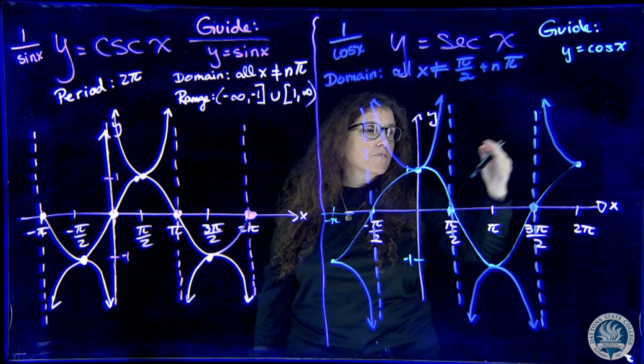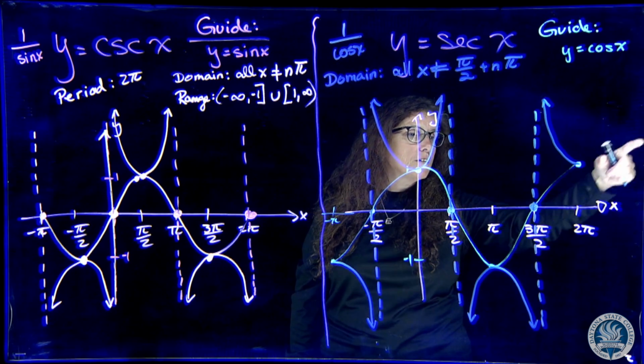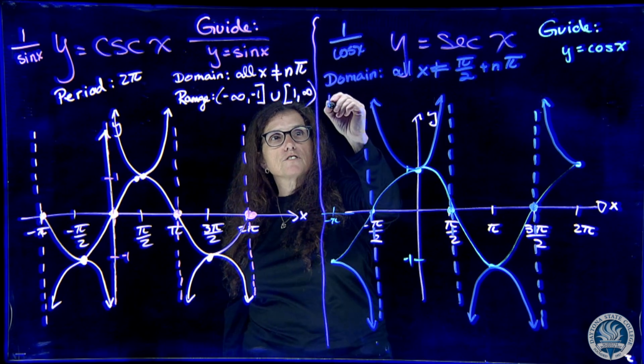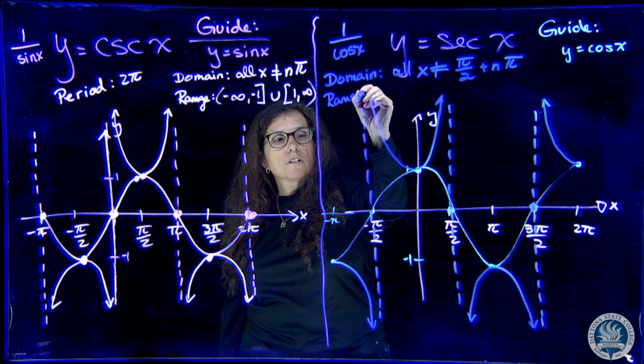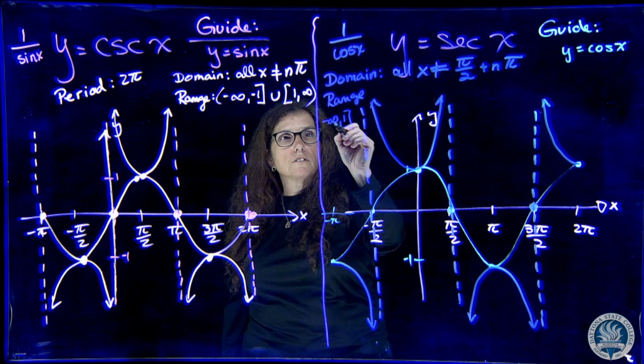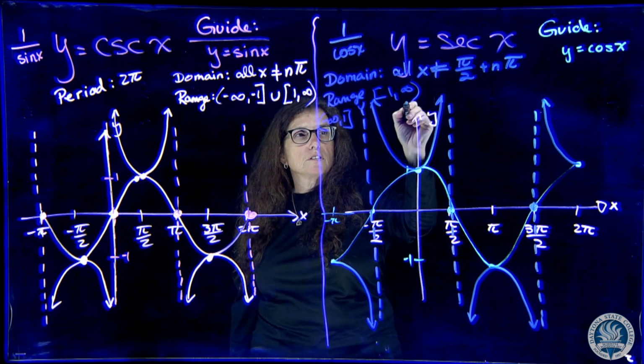Every pi, so pi over 2 plus pi plus pi plus pi, you have an asymptote. Of course, the range is the same. The range is going from negative infinity to -1, union from 1 to infinity.